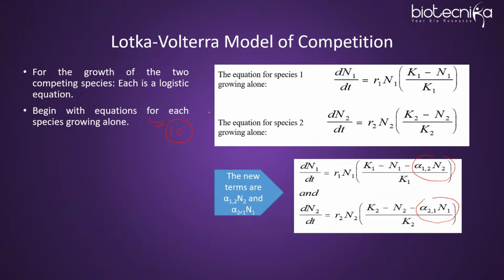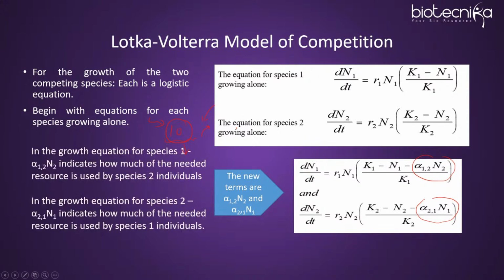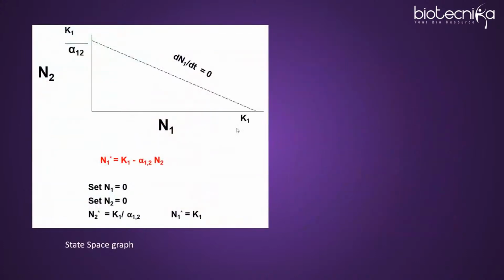But if someone else comes in and you are forced to share these apples, your resources are getting reduced. That is what is happening here: two species are in competition, so we have incorporated these two competition coefficients. I hope everyone understands this.